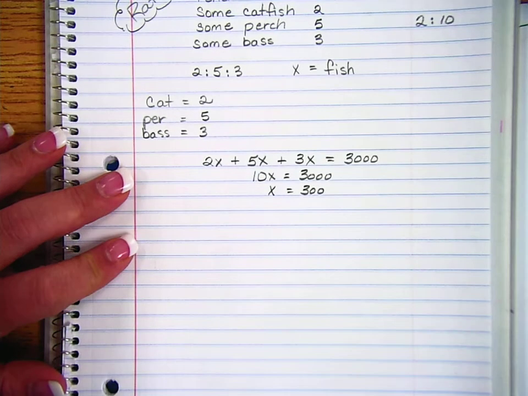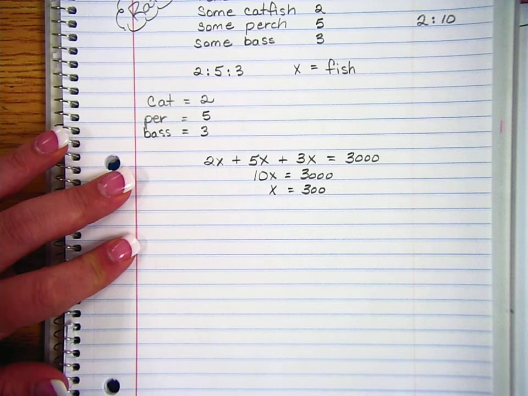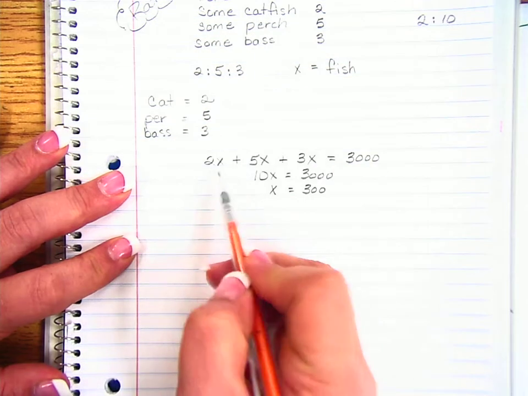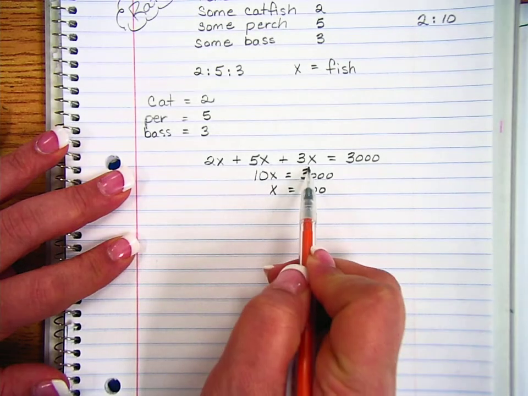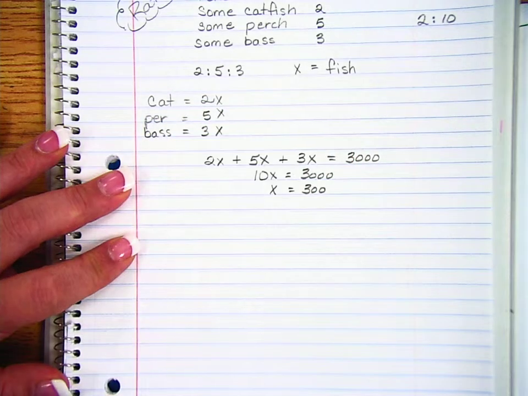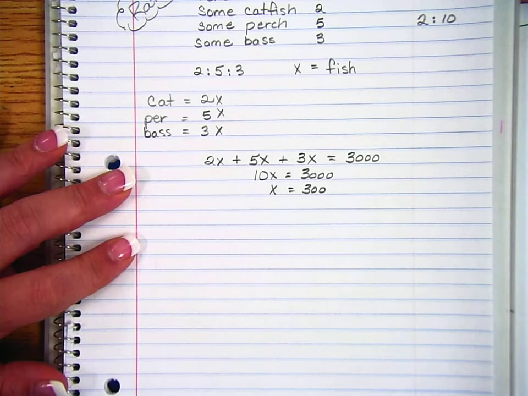Now, what is that 300? Does that tell us anything about the types of fish we have yet? No. That is just a number that we put with our ratio to see what types of fish we have, or how many of each type of fish we have. Okay, so a while ago when I was saying 2x plus 5x plus 3x, that's going to translate to our types of fish.